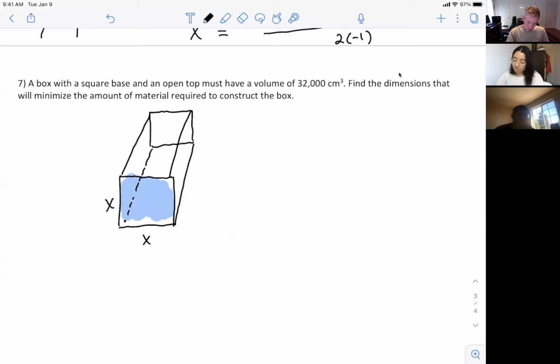I'll call it y. So this side is y. And then this is about the volume. So volume, for a rectangular prism, you just multiply the three sides. So it's going to be x times x, or x squared, times y.